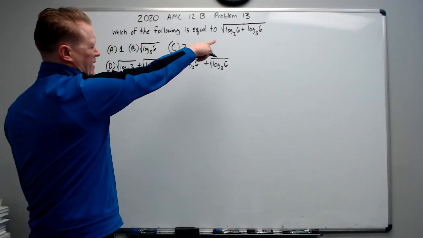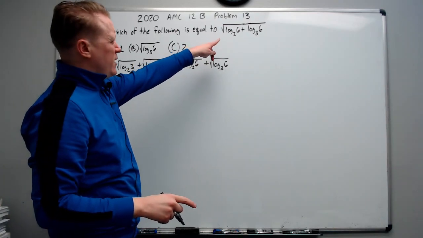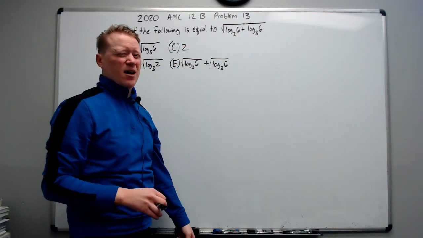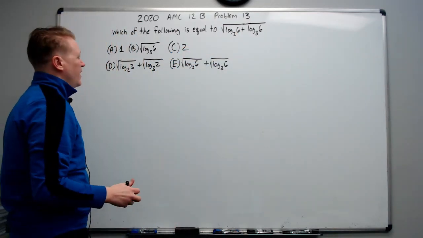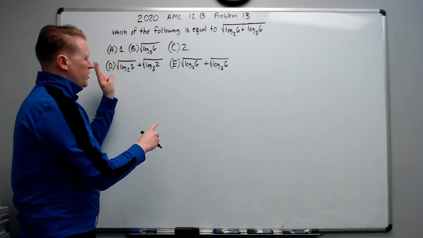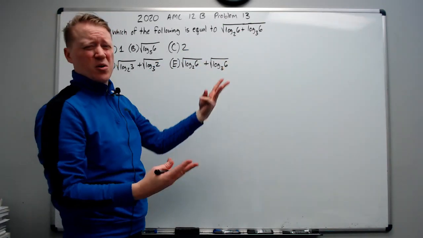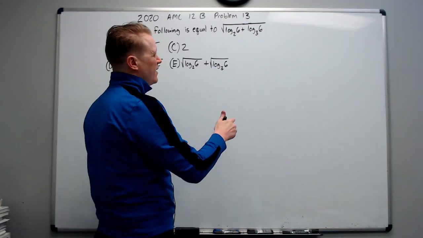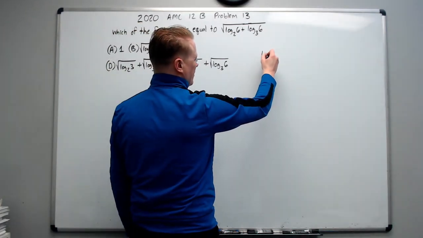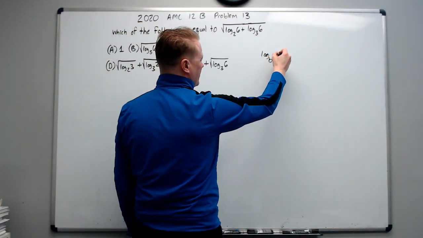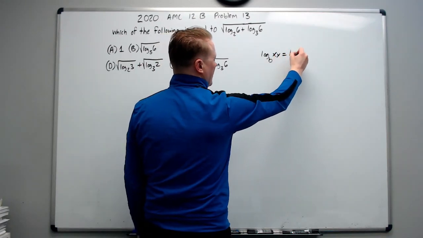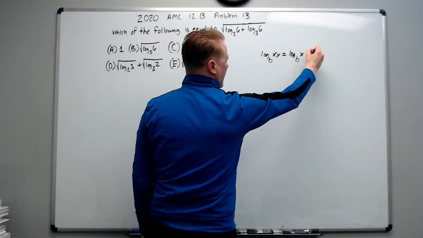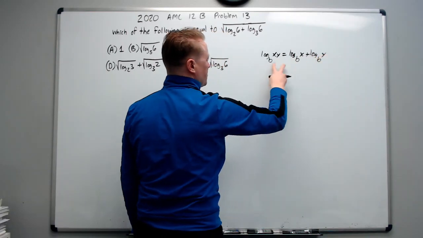Which of the following is equal to the square root of log base 2 of 6 plus log base 3 of 6? Not a whole lot here to do with the answers. Just go to this and start working with it in some capacity. You should know the rule that log base b of x times y equals log base b of x plus log base b of y.